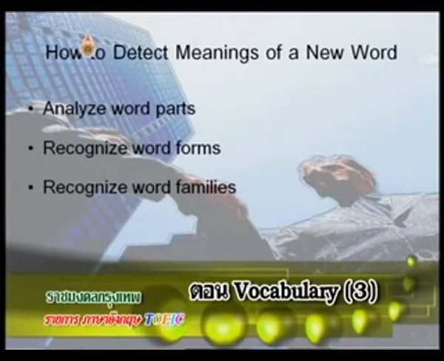So before we get into the details, we have to remind you what we have learned from the previous weeks. We have talked about the techniques and introduced these techniques to you so that you'll be able to guess or detect meanings of new words. So, first thing, when you encounter new words, you have to be able to analyze the word parts.